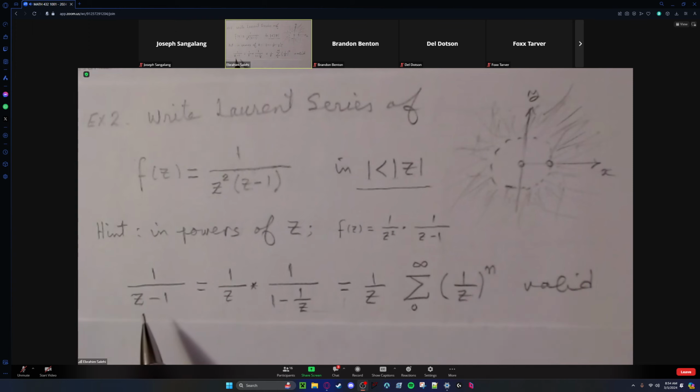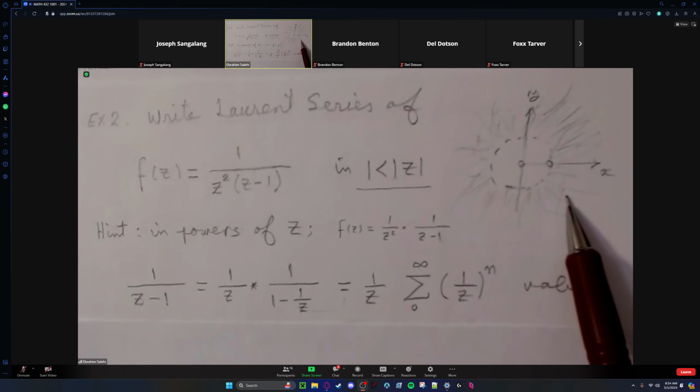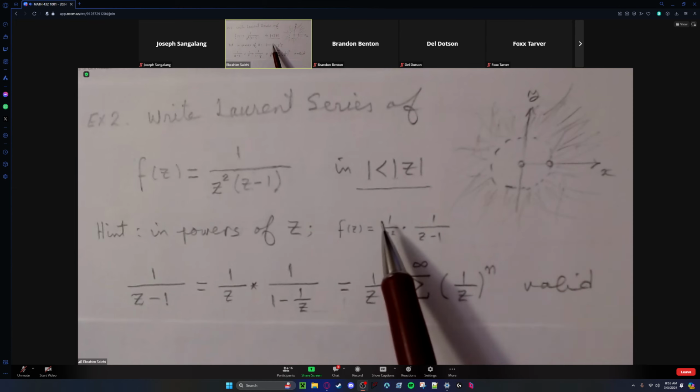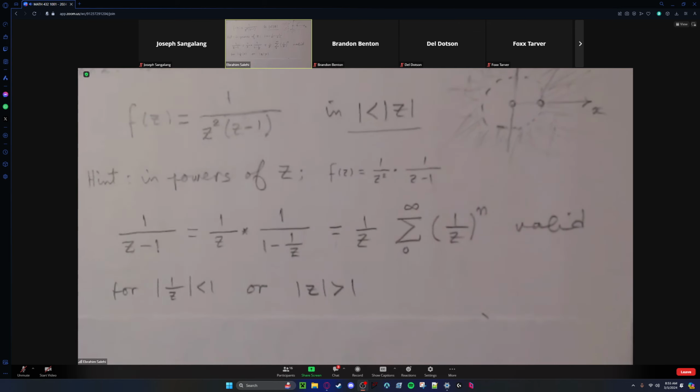So this is just 1 over z minus 1, the power series representation, when modulus of z is bigger than 1. Now you multiply by this factor, and you get, all right?